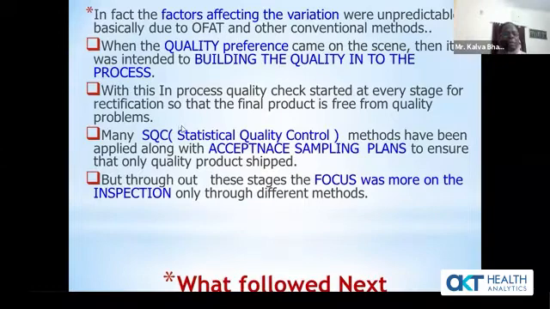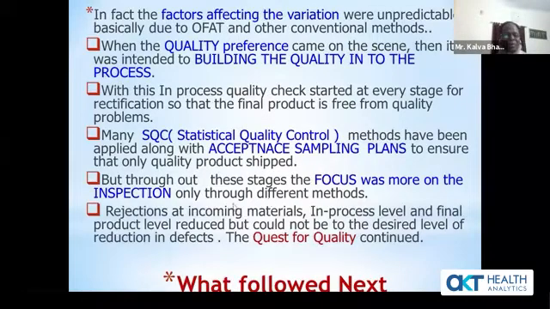But throughout these stages, focus was more on the inspection only through the different methods. Again, it was forgotten to build the quality into the process. So rejections at incoming materials, in process level, and final product level reduced, but could not be to the desired level of reduction in defects.